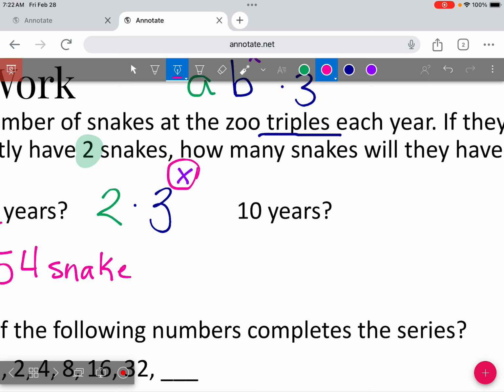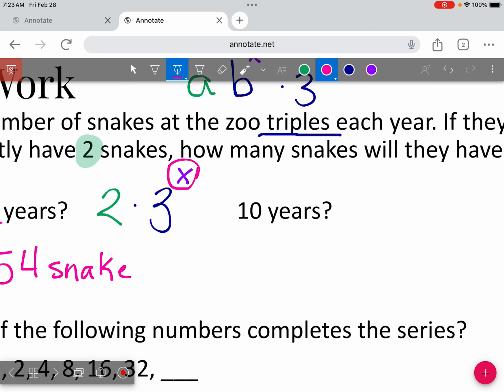How about in 10 years? Are they going to have an absolutely illogical number of snakes? It's not very logical. Because they're going to have how many snakes in 10 years if they do not change something in their breeding program? 118,098.